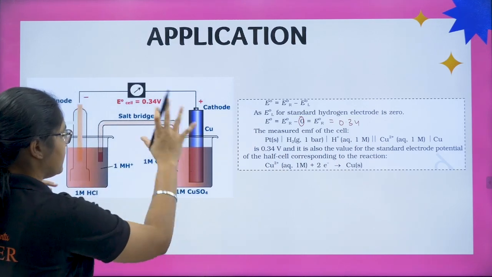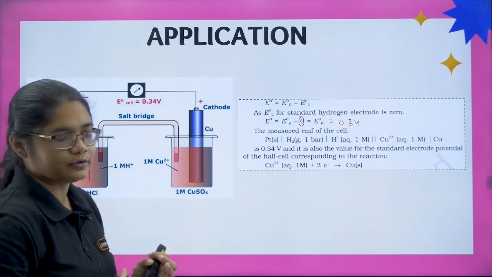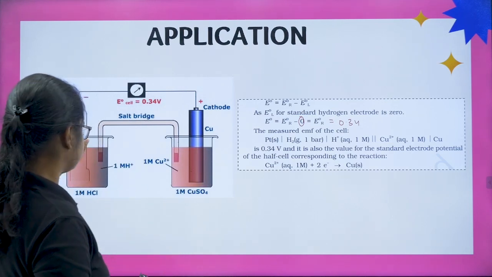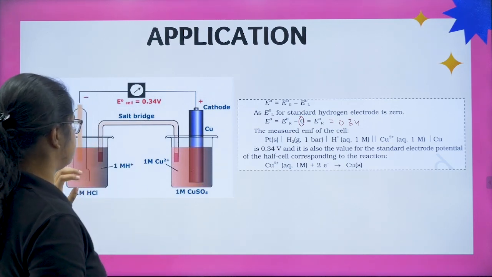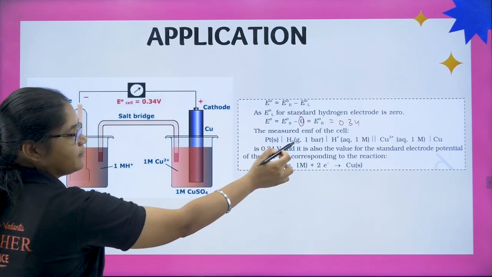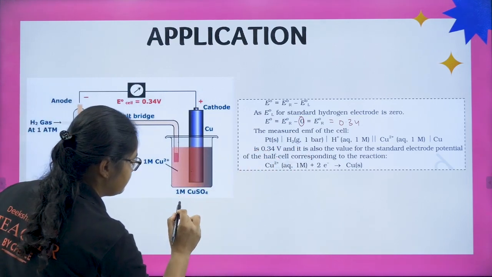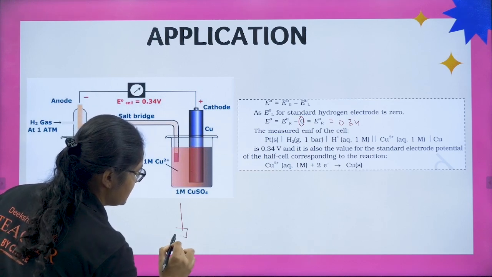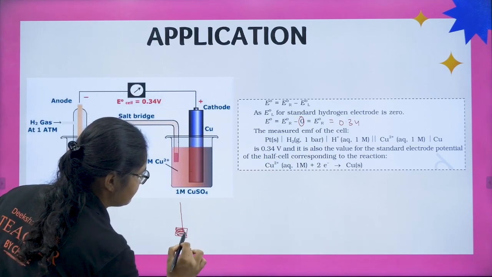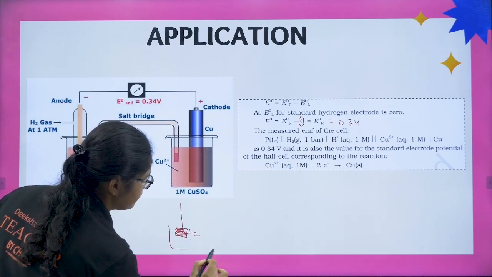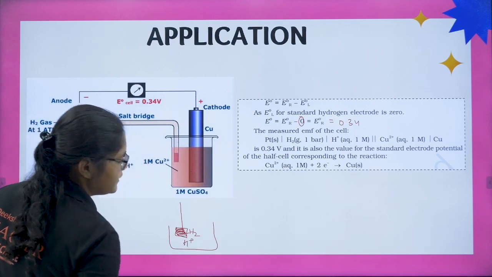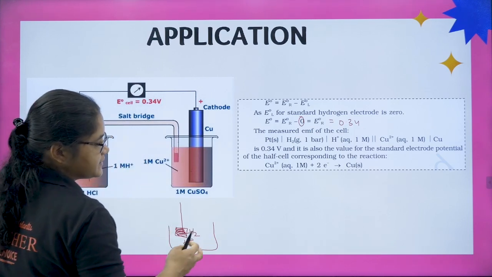Now if I want to write the cell, this hydrogen electrode is represented like this: platinum, H2, H plus. You can see here a platinum wire. On this surface we have H2 gas, and this H2 gas is in contact with H plus. So how do we represent this cell?